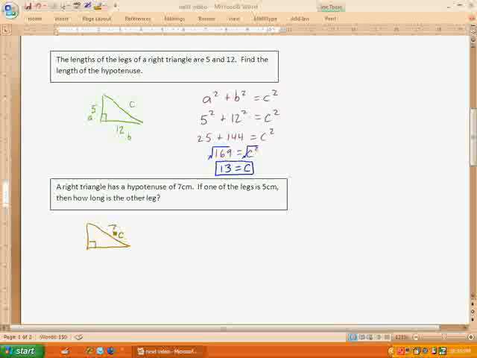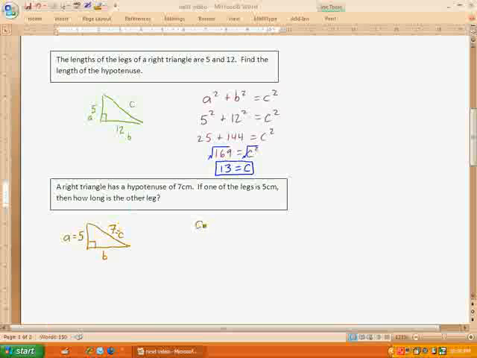So that's going to be 7. Okay? And then it says one of the legs is 5 centimeters. I don't really know which leg it is. It doesn't matter because I could flip the triangle around and look at it in some other direction. So I'm just going to say that A is 5 centimeters. That means that B, the other leg, is the one that I don't know.